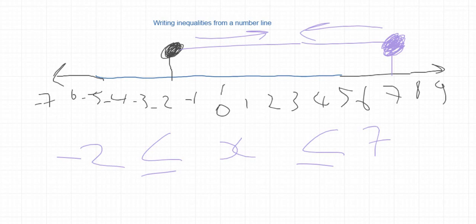So if you choose any solution of x that would satisfy this inequality, or make the statement true, we must find a solution between these two boundaries, the negative 2 and the 7 exactly. Either it is negative 2 or it is greater than negative 2. Either it is 7 or it is less than 7. So those solutions would make the inequality true.